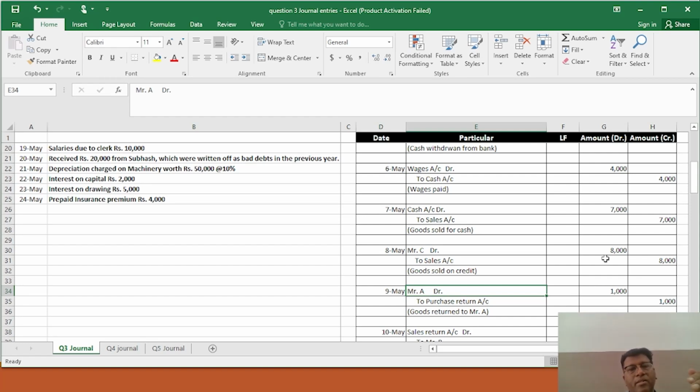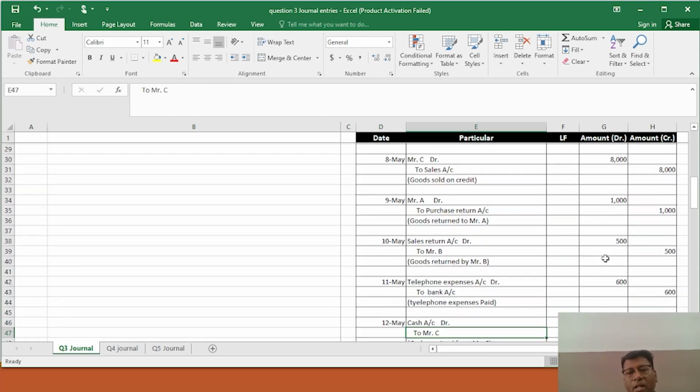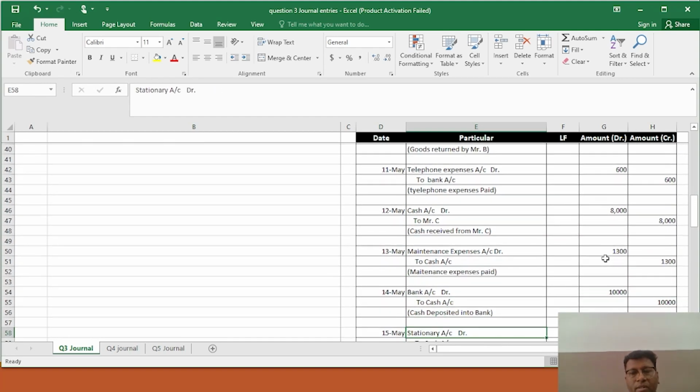So by charging the depreciation at the rate of 10% on 50,000 as a value of the machine, you find the depreciation value rupees 5,000. So what would be the entry? Depreciation account debit to machinery account rupees 5,000, right?